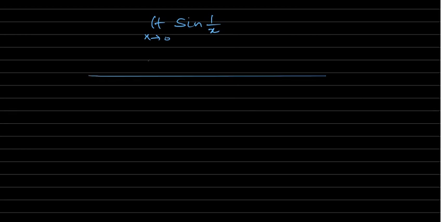You are approaching 0, okay, either from this direction or this direction, that hardly matters. So you can take these values x equal to 1 by n pi. So this x approaches 0 if and only if n approaches infinity. Okay, is it clear?